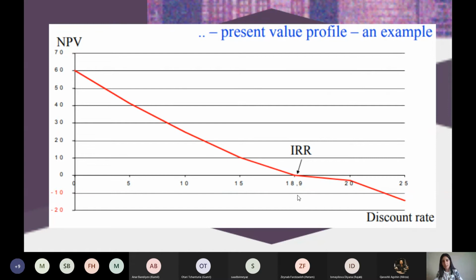And beyond IRR, we don't accept the project because NPV will be negative. You see, right? When we go forward with the red line, we can see that NPV is negative. So here you can look at IRR and NPV, and you can make an economic decision whether you accept the project or not.